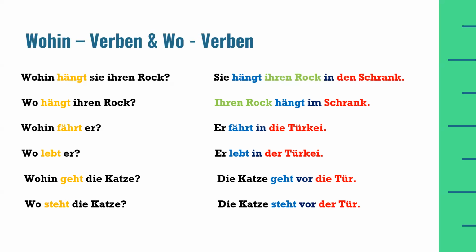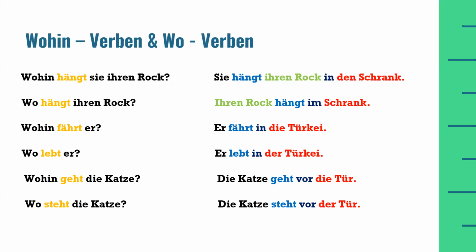The cat stands in front of the door. Again, there is no movement. We are just telling the position or the location of the cat, which is in front of the door. Therefore, the preposition vor will act like dative, and we will use the definite article for a feminine noun in dative case, which is der.